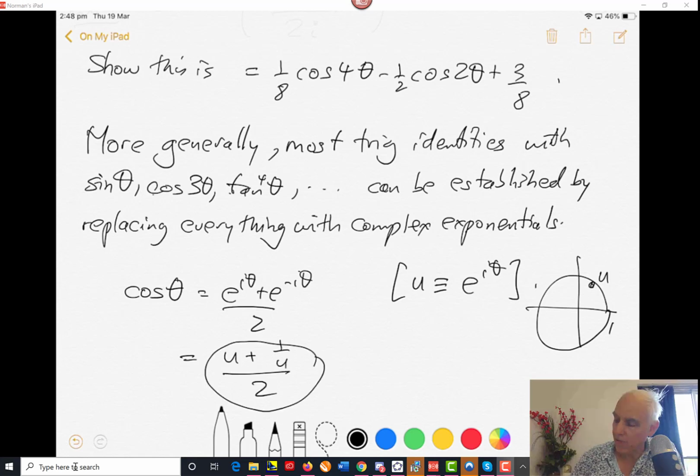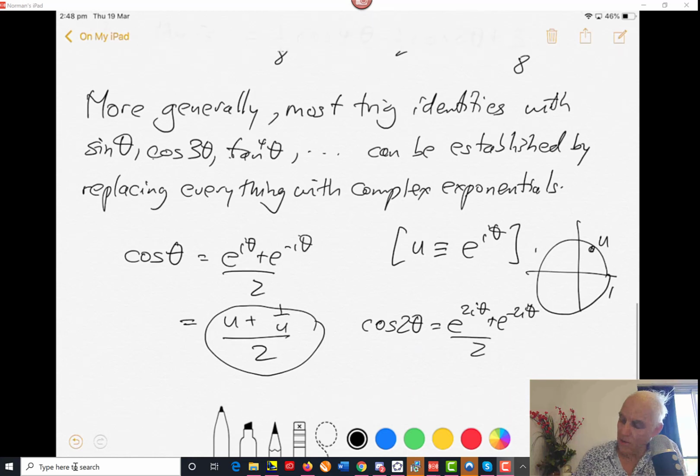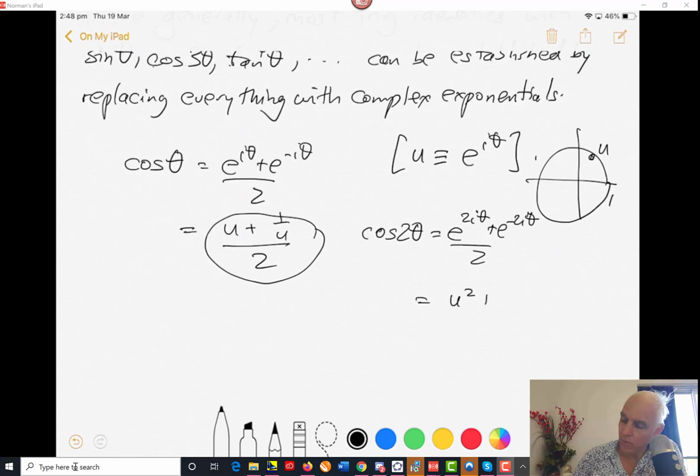So there's cosine theta expressed in terms of u. What about cosine 2 theta? Well, that's going to be e to the 2i theta plus e to the minus 2i theta all over 2. So in terms of u, that's going to be u squared plus 1 over u squared all over 2.